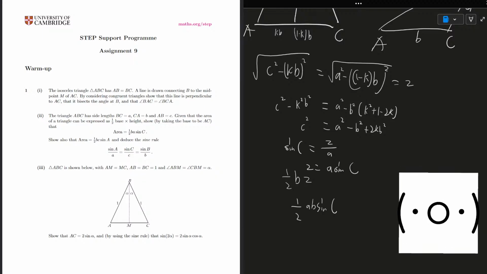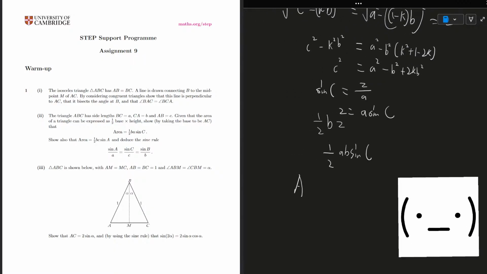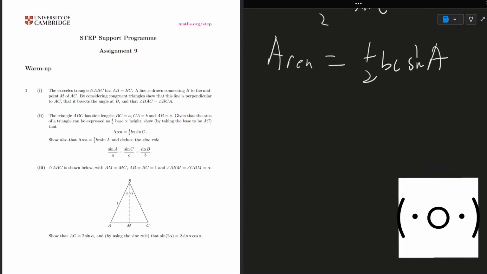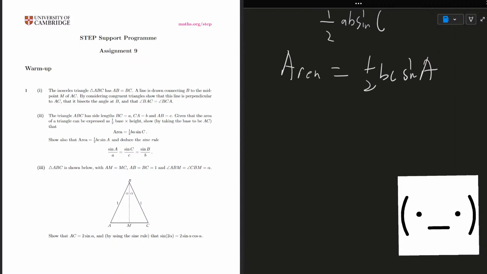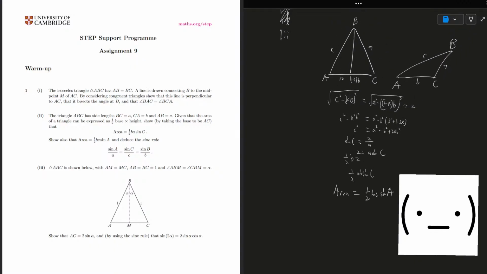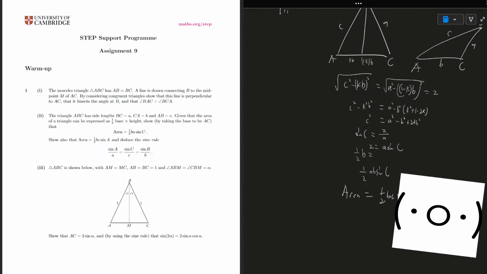Okay. So now we also need to show that area equals half of BC sine A. The way that this can be done is essentially the same method. So sine A this time.